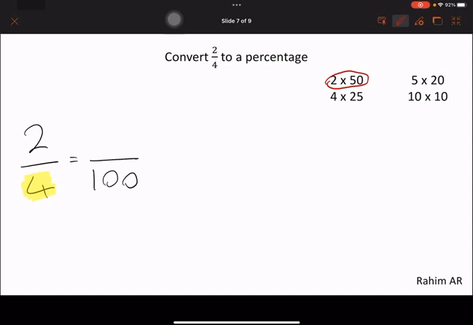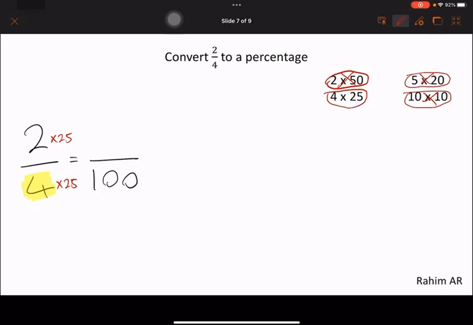Do we have number 4 here? No. 5 times 20, also no number 4. 10 times 10, no number 4. But here we have 4 times 25. So we know it is 4 times 25 equals 100. Okay, do the same thing for the number at the top, the numerator.